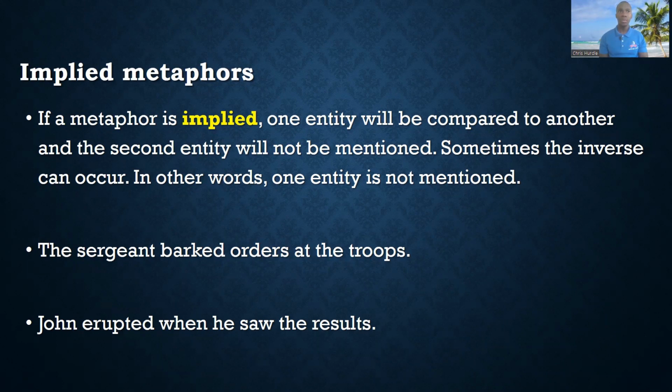When a volcano erupts, there's an explosion, a sudden burst of energy, and that is what can be said about John. If John erupted when he saw the results, it means there was a sudden burst of energy. It was sudden. So his reaction is being compared to a volcanic eruption.